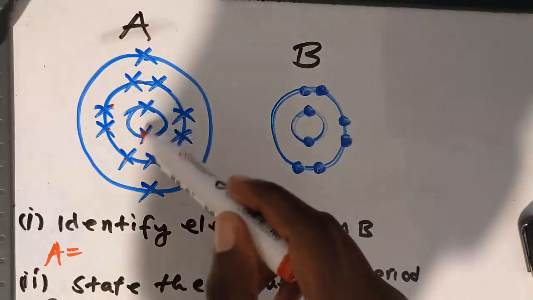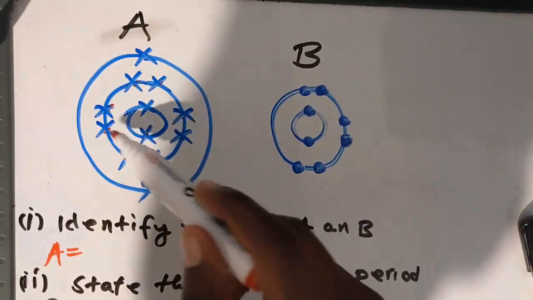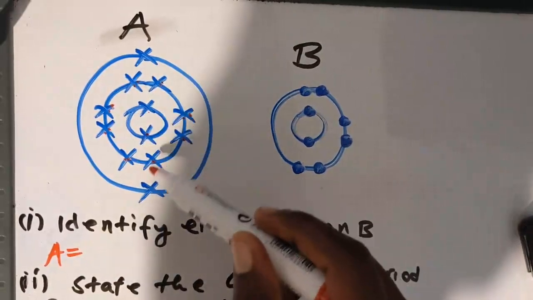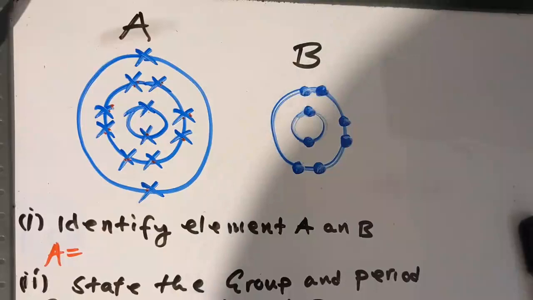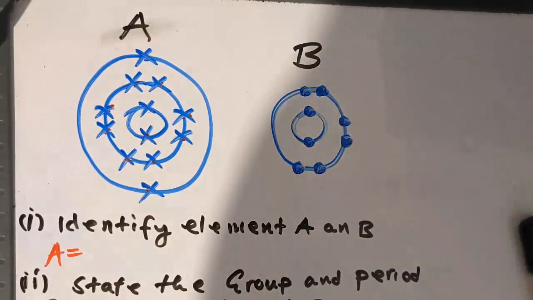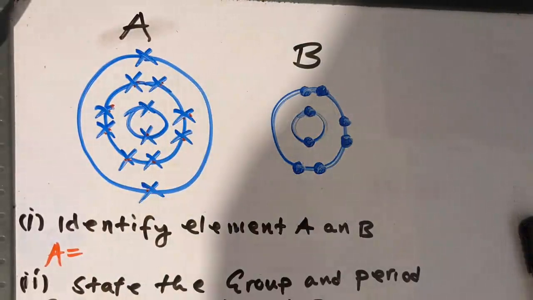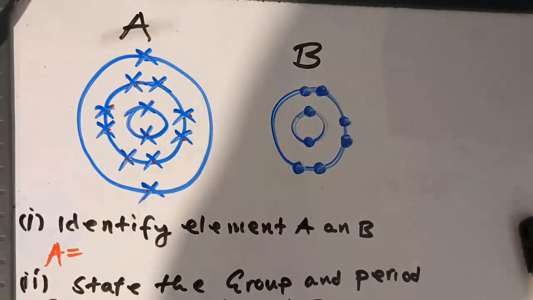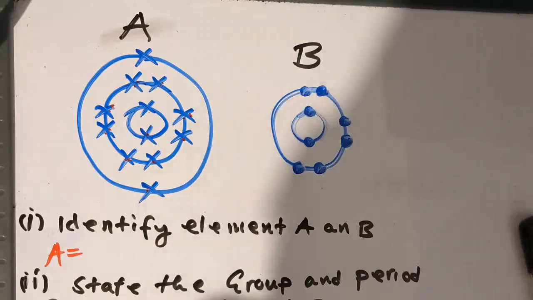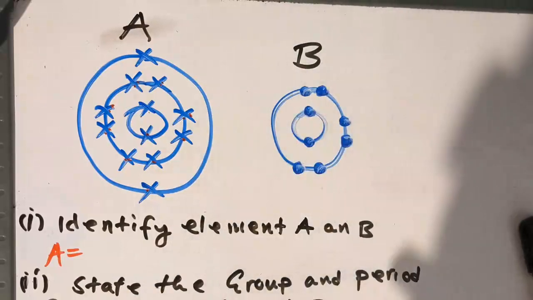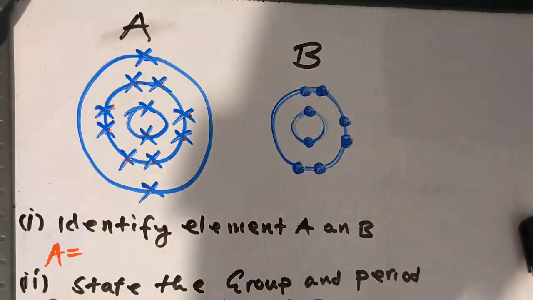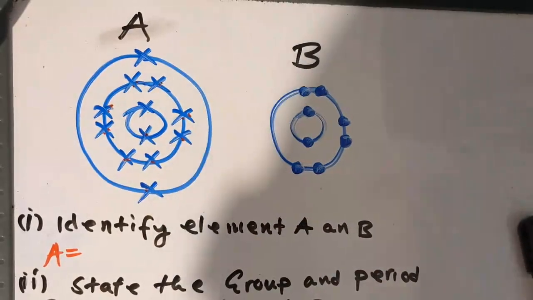So the number of electrons of element A are what? They are 12. So if you go on the periodic table, you check which element has 12 electrons on the periodic table.